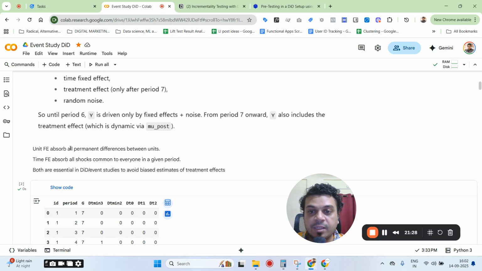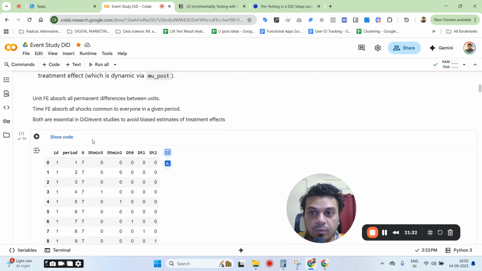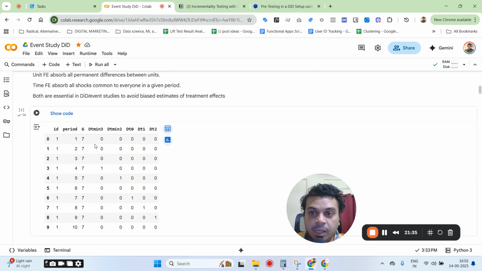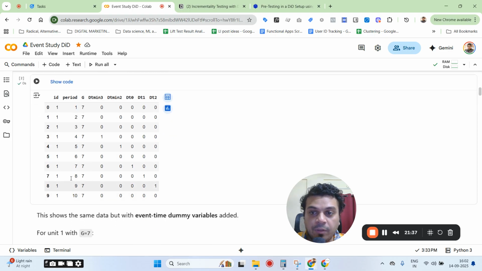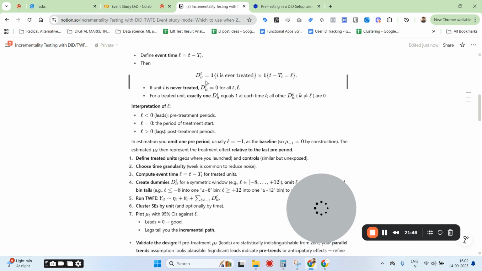Now comes another part where you have created what's called the event dummy. Remember we were talking about this D here. If you go back to this code, this D_it of L basically gives you the different time dummies, depending on the lag, and based on that we have created this particular table.